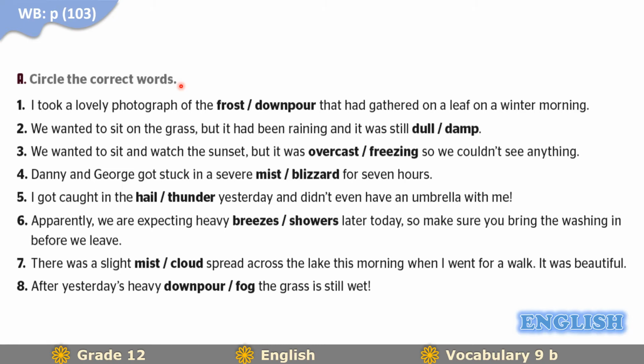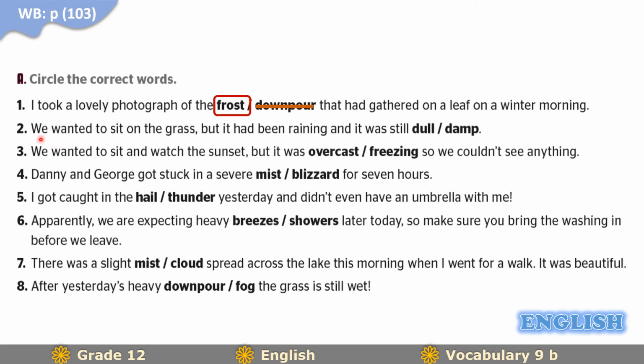Alright, so let's correct. Sentence number 1. I took lovely photographs of the frost or the downpour that had gathered on a leaf on a winter morning. The answer is frost. Amazing. And frost means a thin white layer of ice.